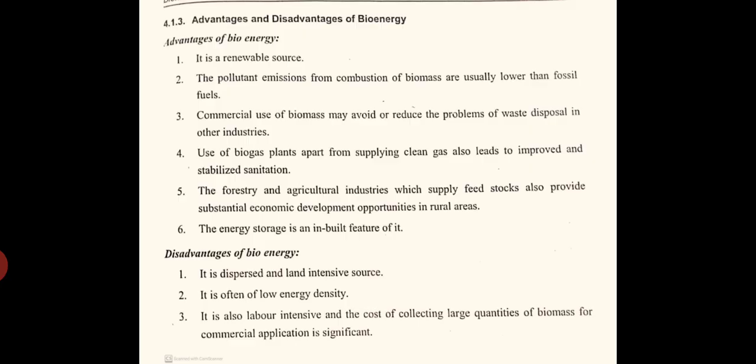Second advantage is that the pollutant emission from the combustion of biomass is usually lower than from fossil fuels. The emission will be less, or the pollution will be less if we use bioenergy. Then the third advantage is that commercial use of biomass may avoid or reduce the problems of waste disposal in other industries. See, biomass or bioenergy is nothing but the waste of living organisms.